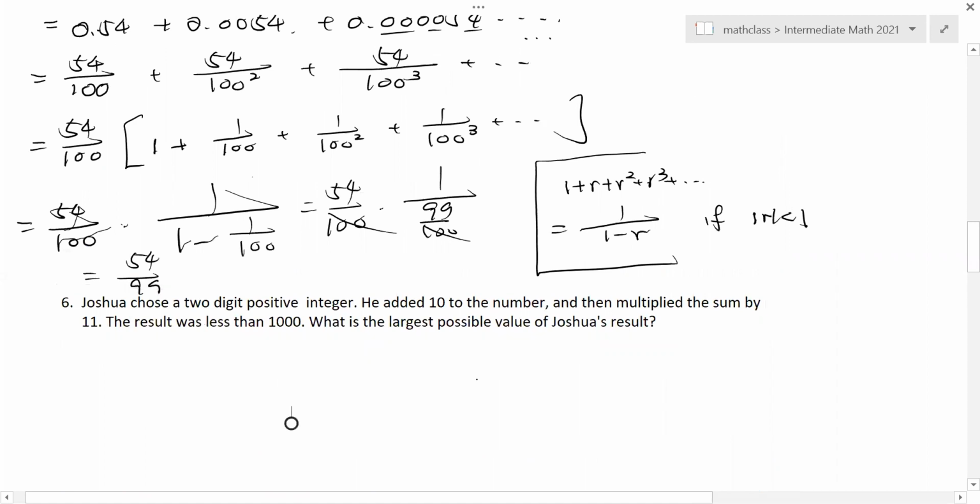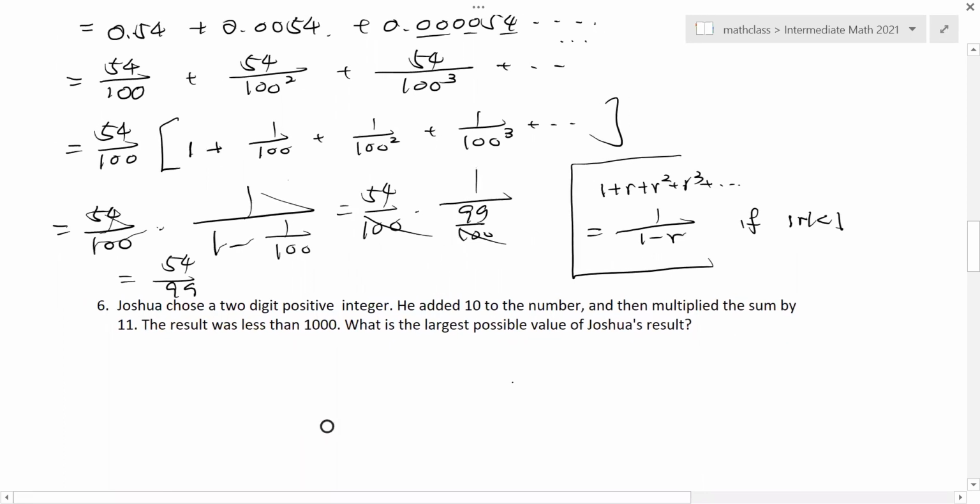All right, so take a look at the next problem. I want to try first. This is a question here. I hope you can see it.